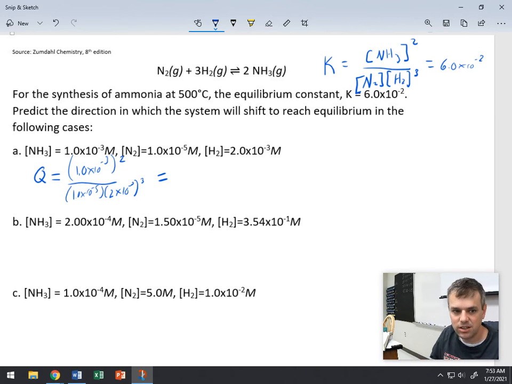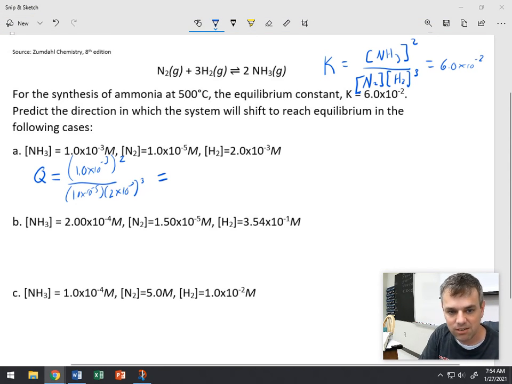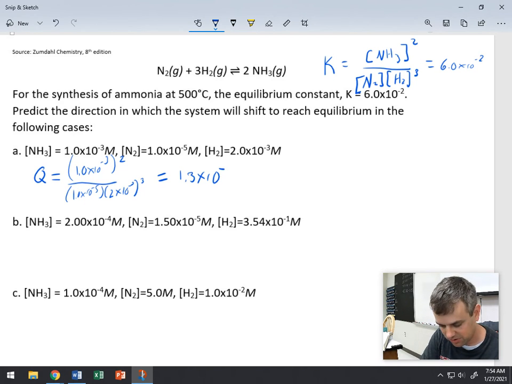And if we plug this into our calculator, we get 12,500,000. Or essentially, if we round this off to significant figures, we get 1.3 times 10 to the seventh.